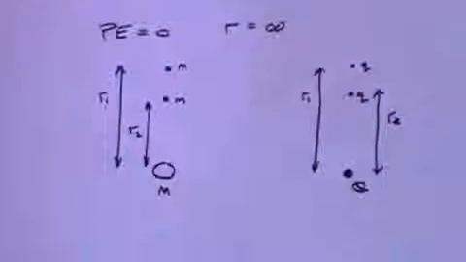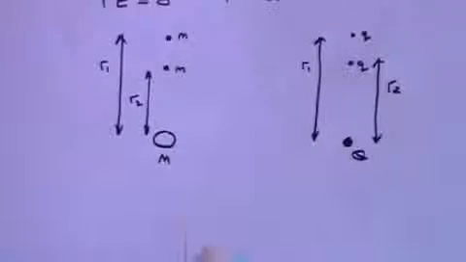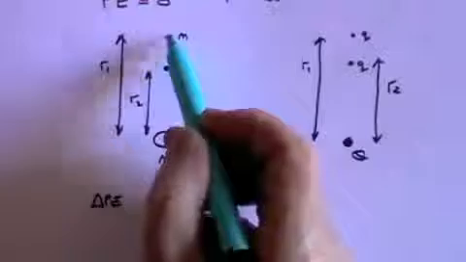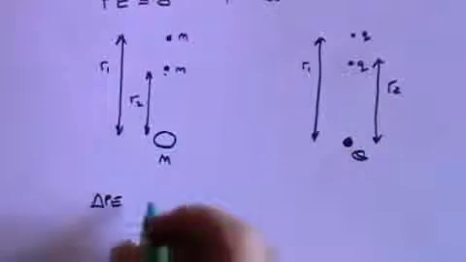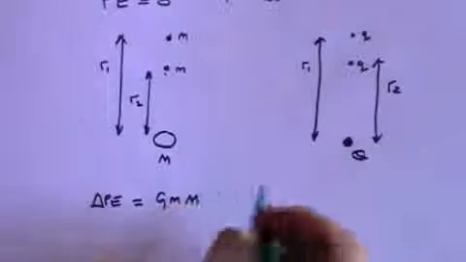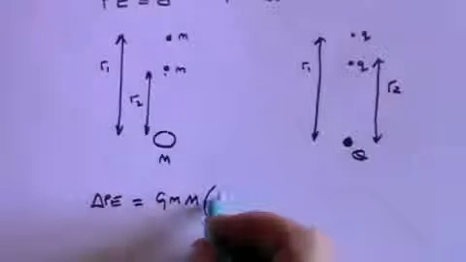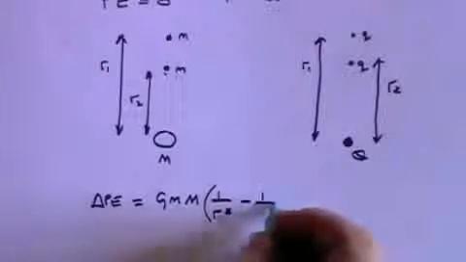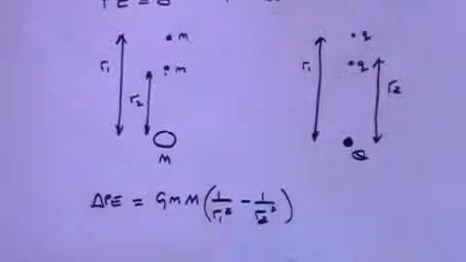And what you can say is that the difference in potential energy between the mass at this point and the mass at that point is equal to G M m into 1 over R1 squared minus 1 over R2 squared.